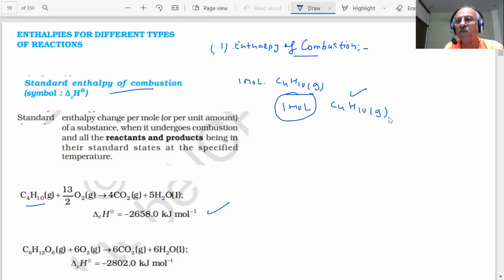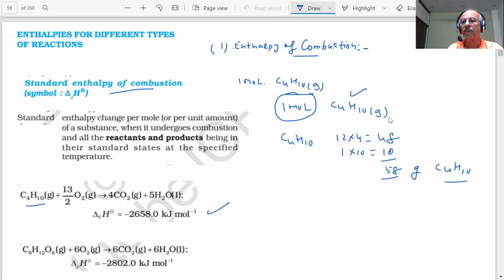How many grams will be there in 1 mole of C4H10? 12 into 4, 48, and 1 into 10, that is 10. So that amounts to 58 grams of C4H10. So 1 mole of C4H10 is equal to 58 grams per mole.